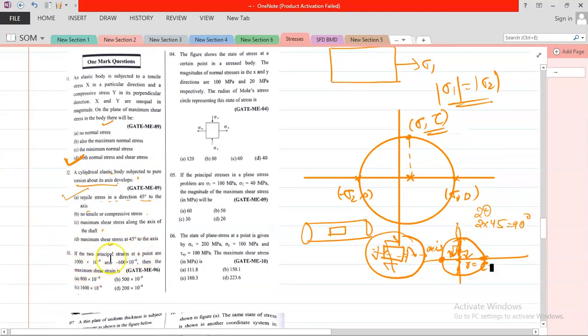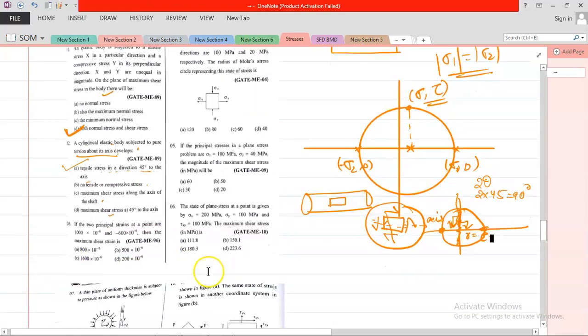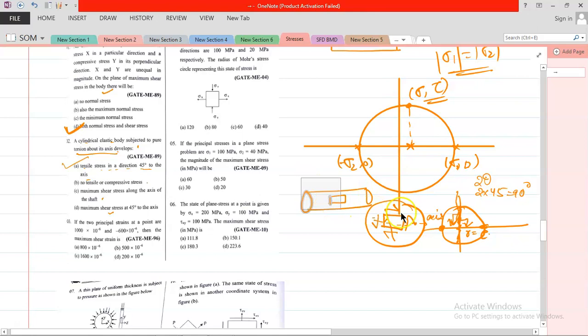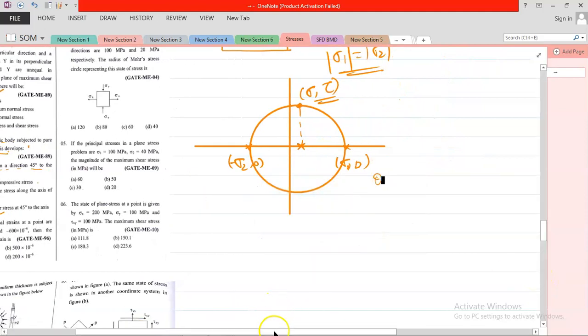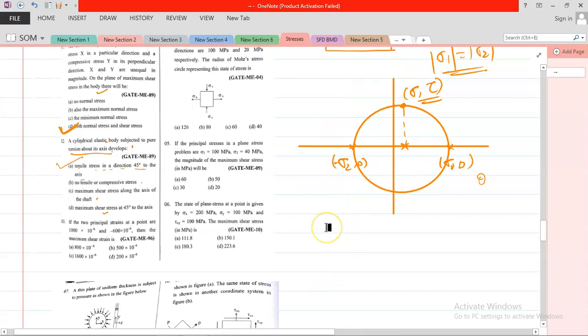Now it is given, if the two principal strains at a point are given, the maximum shear strain is. So just like the Mohr circle for stress, this is the Mohr circle for strain. I asked you to do the question, because I discussed the Mohr circle, if you remember. So the question is saying your epsilon 1 is given as 1000 into 10 to the power minus 6, and your epsilon 2 is given as minus 600 into 10 to the power minus 6, and you need to obtain the maximum shear strain.